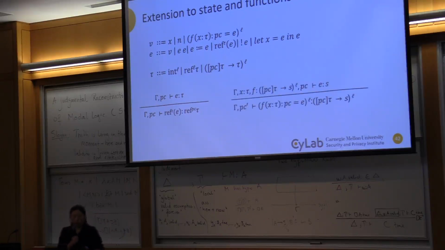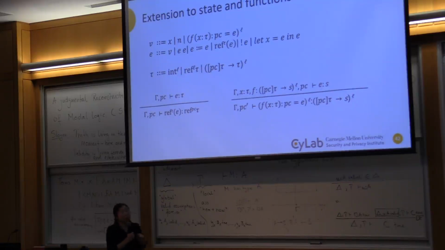So for function, here I didn't use fix. You can just imagine this is a recursive function. E can contain f. In the function definition, I'm going to already assume the programmer gave me the argument type. The programmer also gave me the context in which the function can be called, and the label of the function itself.